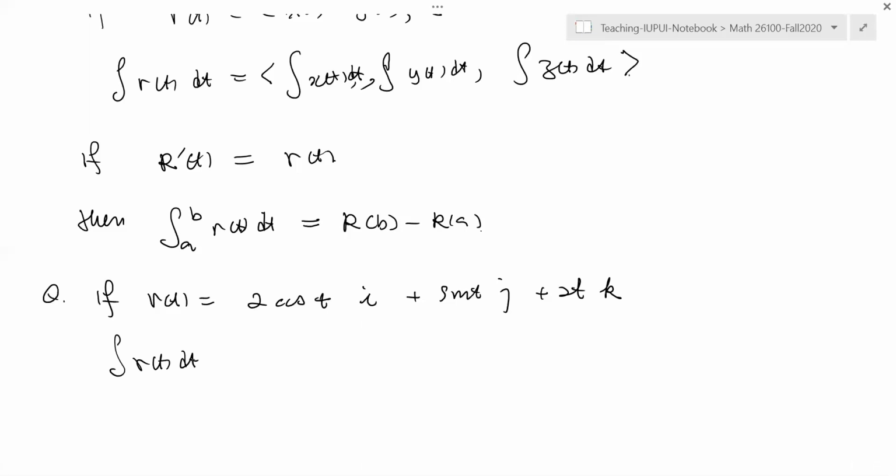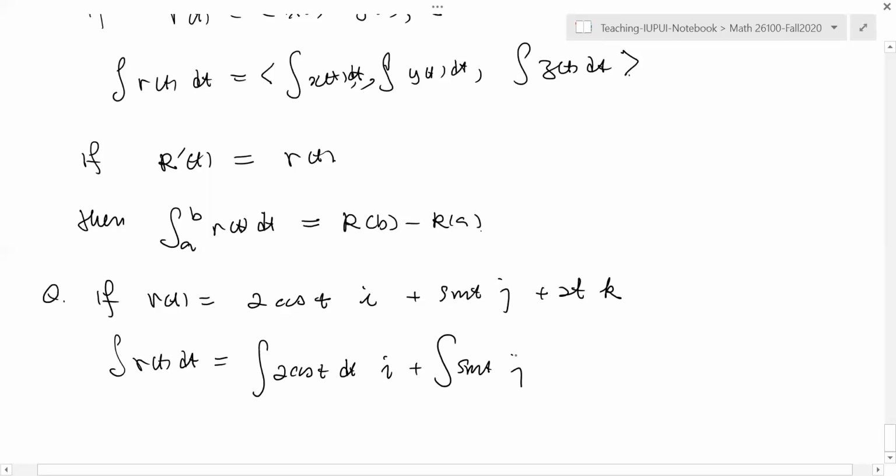Just integrate each function. Don't forget dt, okay? dt is just part of the integral.